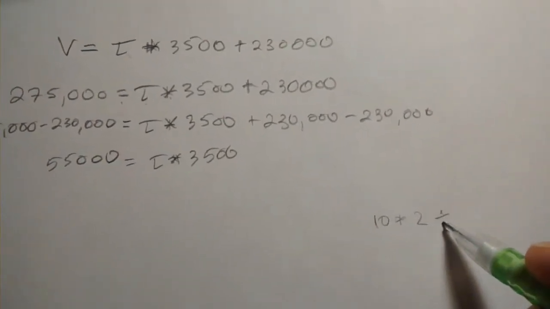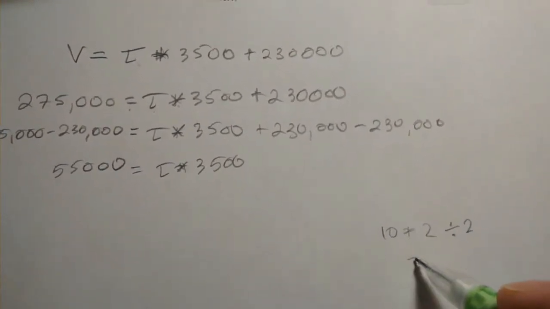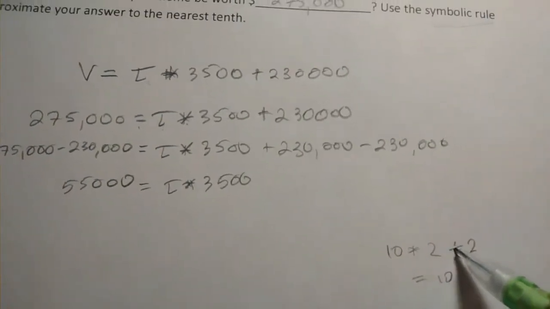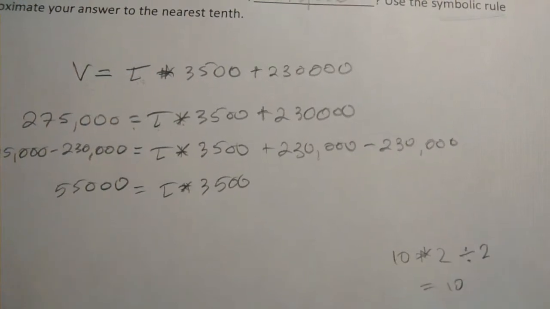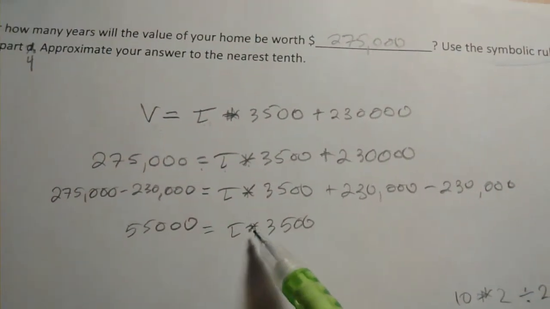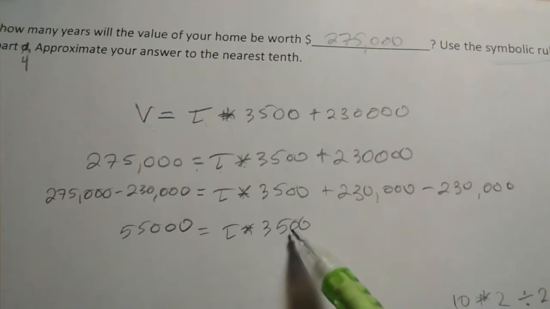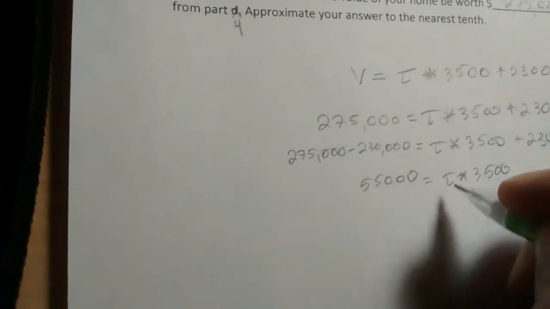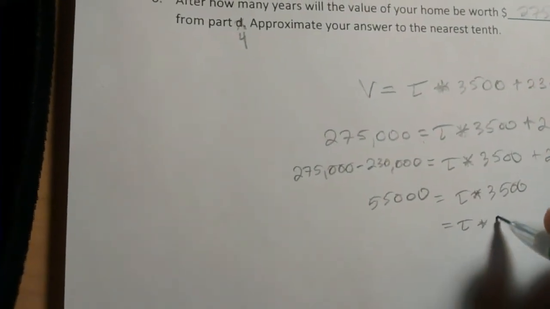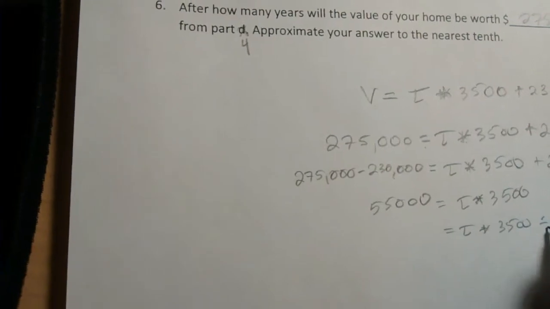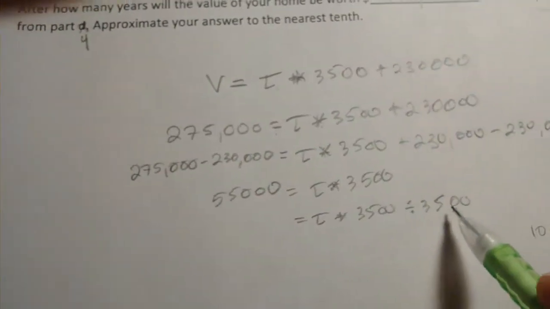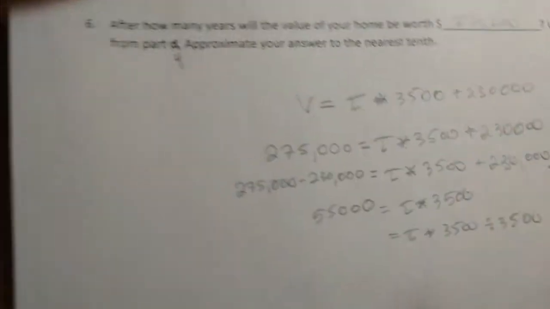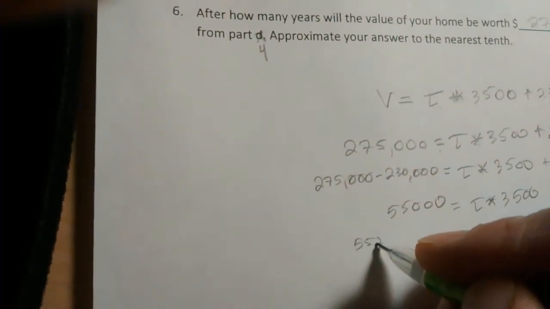Then if you divide by 2, 20 divided by 2 is your 10. So this division undoes this multiplication of that same number. So to undo this multiplying of 3,500, we're going to divide by 3,500. I've got to do that division on the left side as well.